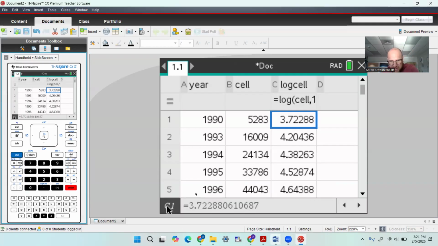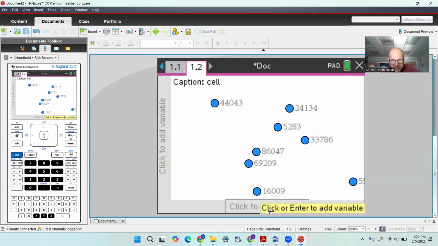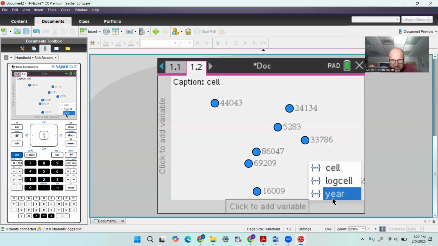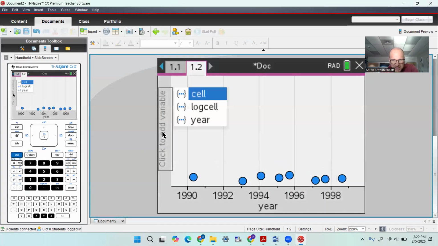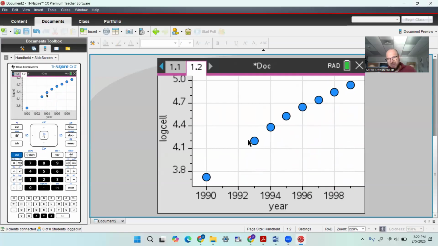So I'm going to add a page, a data and statistics graph, and I'm going to do year versus log cell. And I see that I'm going real straight and then a different straight. That's kind of a little bit of an interesting, somewhat screwy thing.